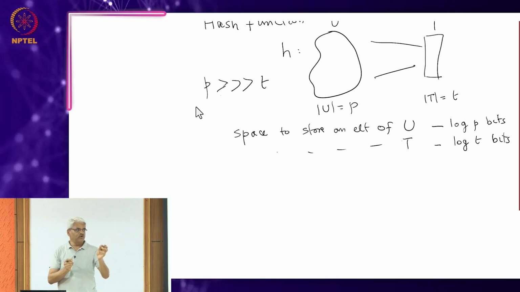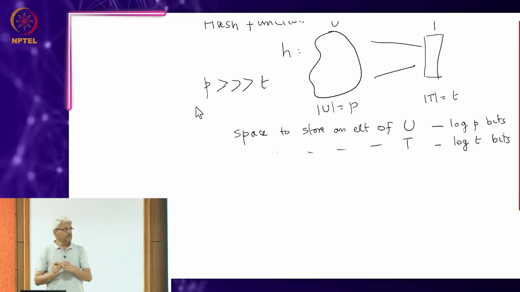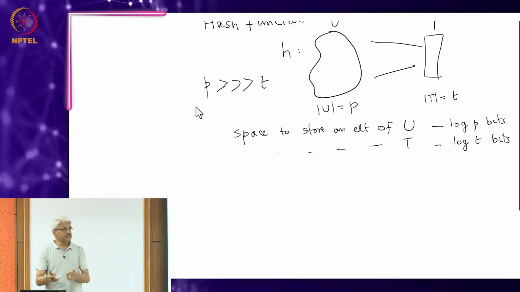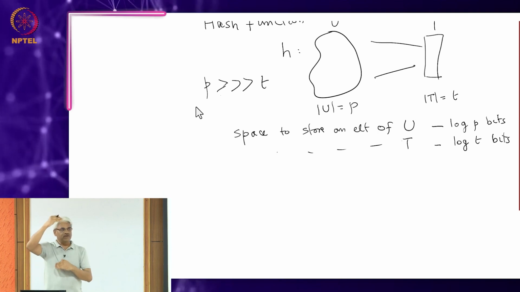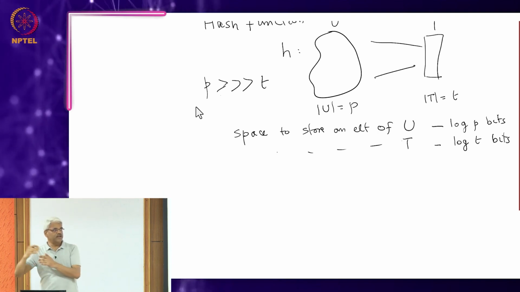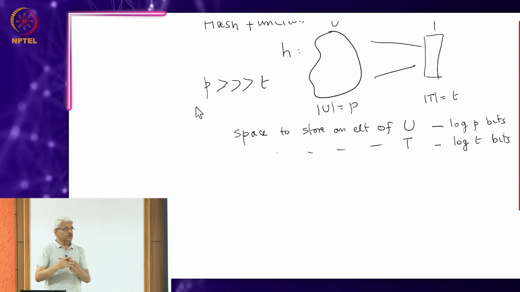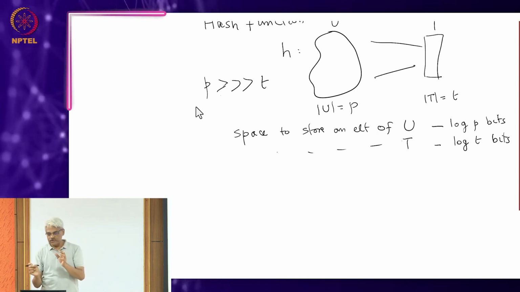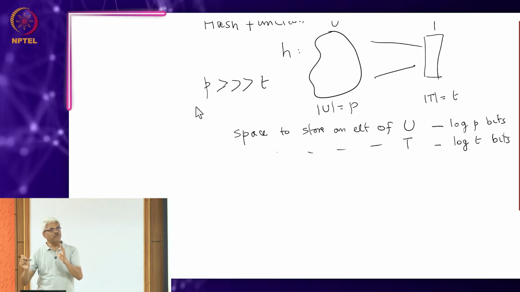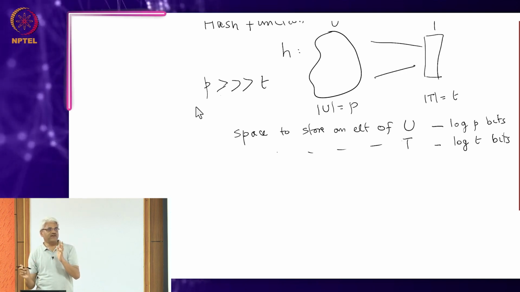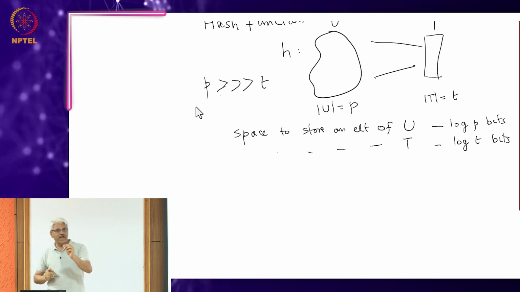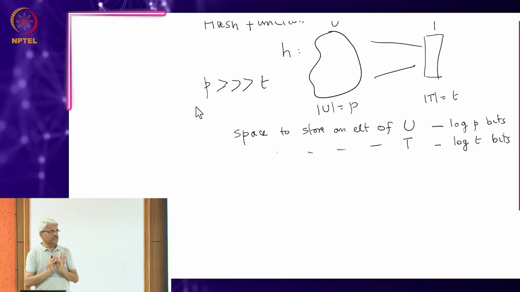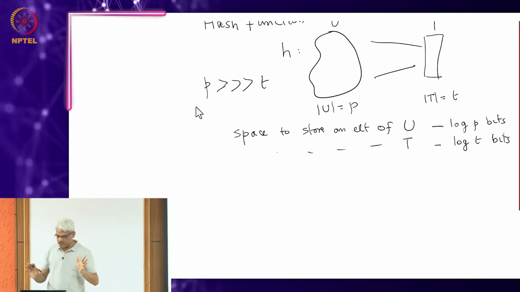Multiple elements from U necessarily get mapped to the same element, because P is much larger than T. So, a function which maps this large universe to the small table will not be one-to-one. It is going to map a lot of elements into one particular element. So, if you store this, then I will not know whether h of x represents x or y or z. There are many things that get mapped to this h of x. Okay, so that's a disadvantage. So now we have to be careful.